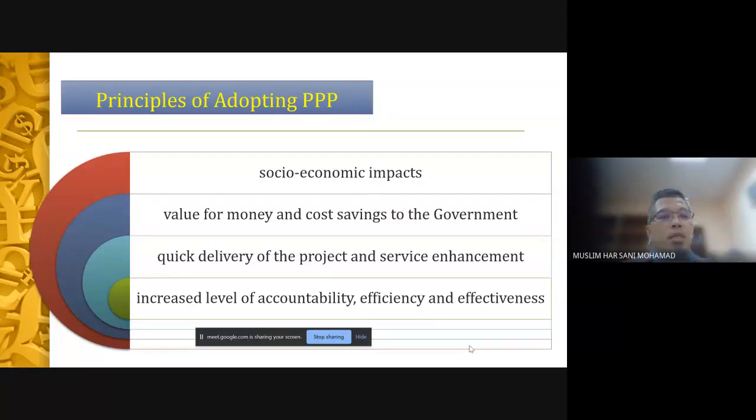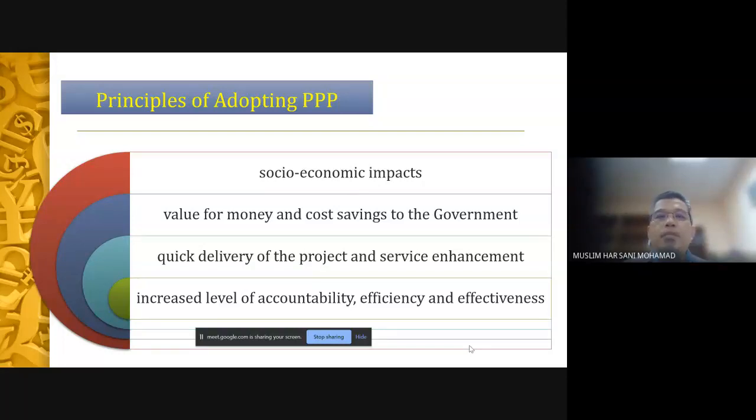So this also can be undertaken through this mode. Value for money and cost saving to the government, because to a certain extent it's a sharing of costs between public and private sector, and some of these projects are very specialized projects or specialized services. Later on, we see oil and gas, for instance. Of course, multinational companies are very good in that.